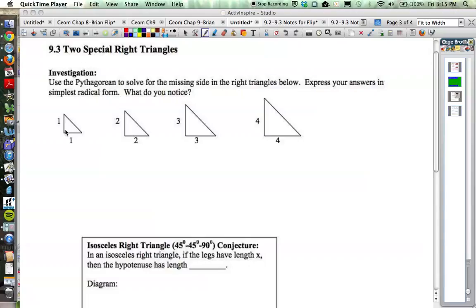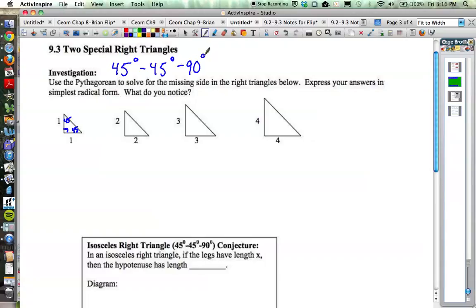So this is an isosceles triangle, and not only that, it's an isosceles right triangle. An isosceles triangle that is a right triangle has angles of 90 degrees and then 45 and 45. So these are also known as 45-45-90 degree triangles.